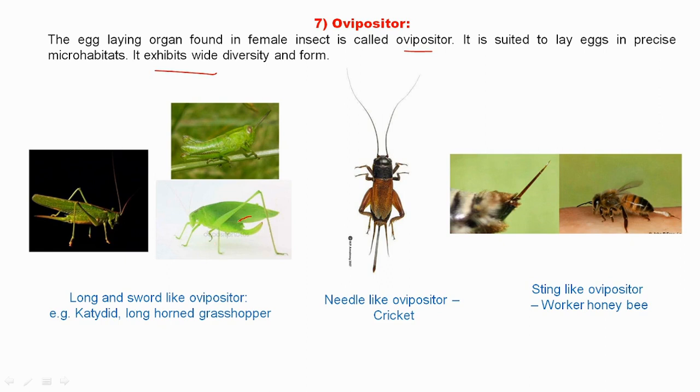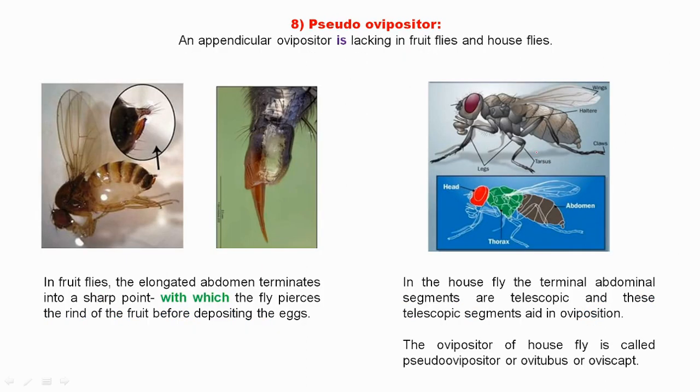See here, a long and sword-like ovipositor is there in katydid. In the long-horned grasshopper also we can see a long and sword-like ovipositor. A needle-like ovipositor is there in cricket. A sting-like ovipositor is there in the worker honeybee.